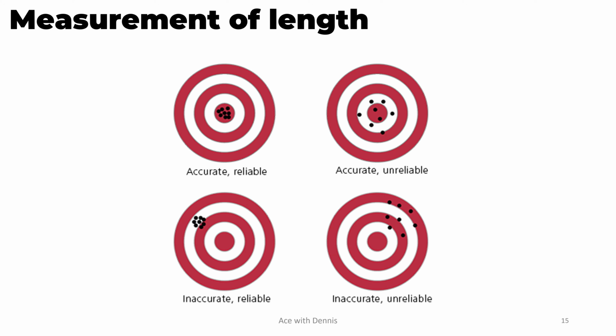So this data is inaccurate but reliable. Look at the fourth diagram. You can see that they are far away from the bullseye. They are also further away from each other. Hence, the data is inaccurate and unreliable.